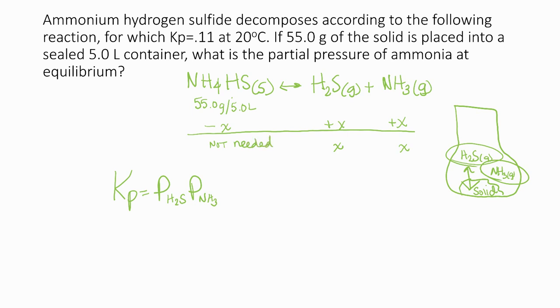And then if you think about it, wow, this can be really easy. 0.11 equals x times x, which is x squared, and x will equal the square root of that. So I think that's 0.67. Oh, no, sorry, 0.33.